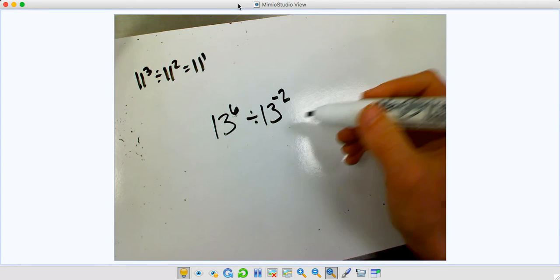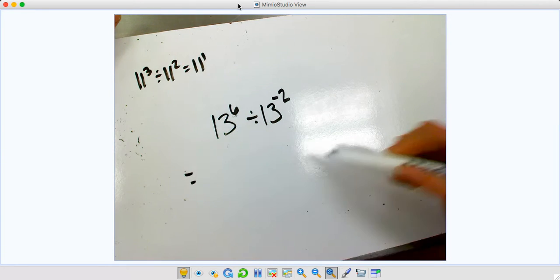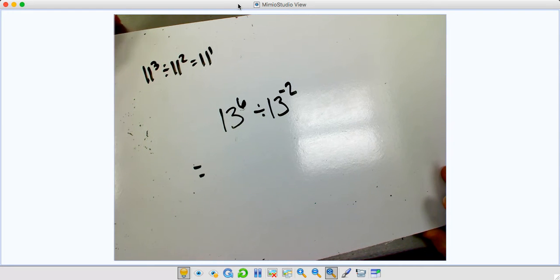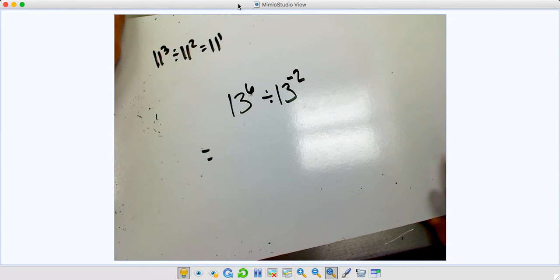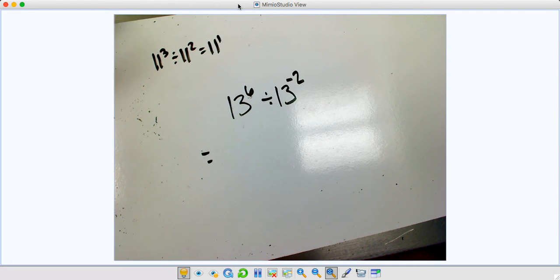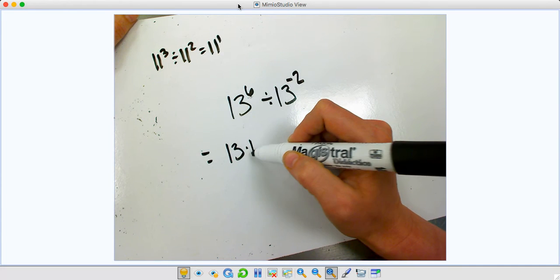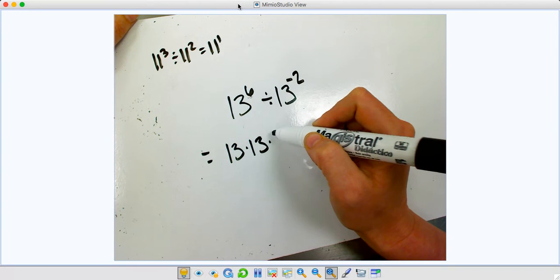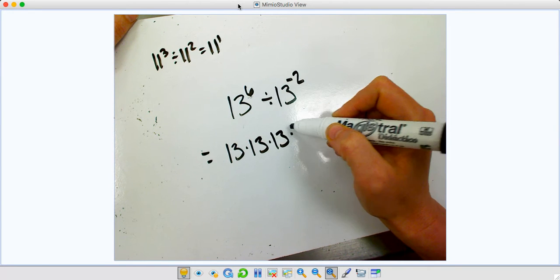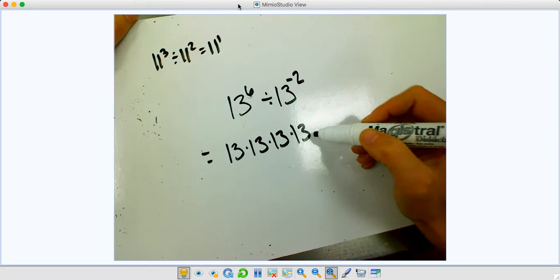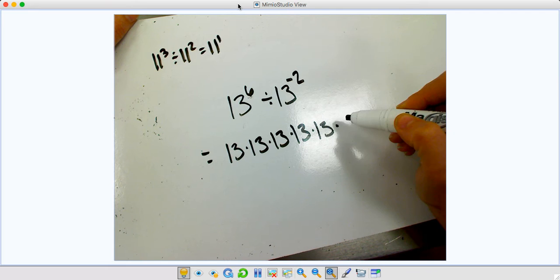Okay, again, the best way for me to do this that I know of now is to put it in expanded form in a fraction and then see how I can divide out the common factors. So 13 to the 6th power is the same thing as saying 13 times 13 times 13 times 13. That's 4, 5, and 6.